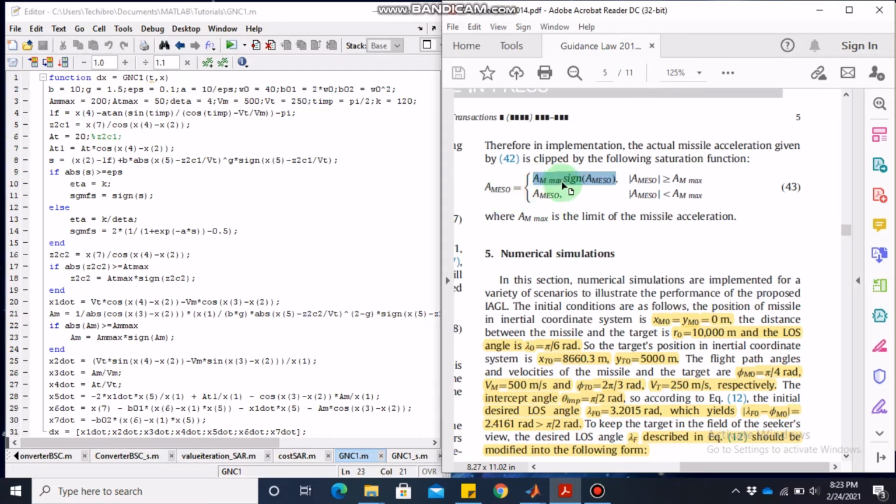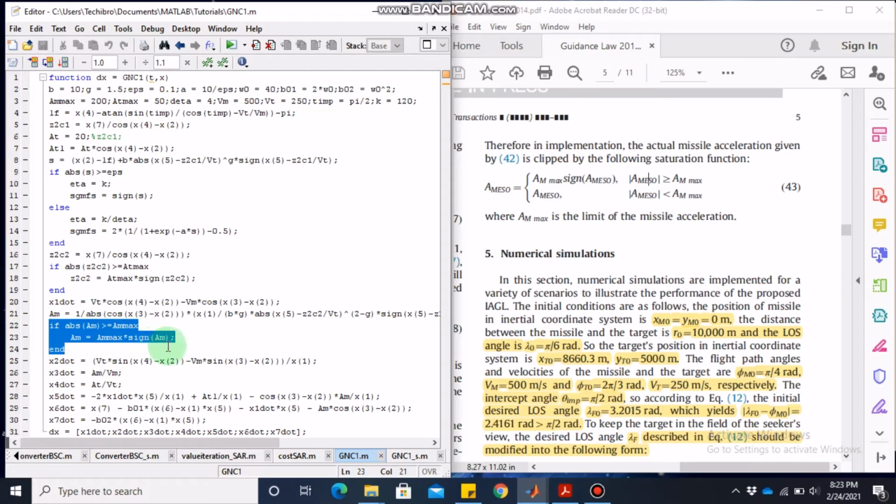If AM is greater than AM max, then you just use the AM max value instead of the AM value, and if it is less than the max, then use it as it is. So if AM is greater than AM max, then I just use AM max times sign of AM instead of the AM suggested by the guidance law.